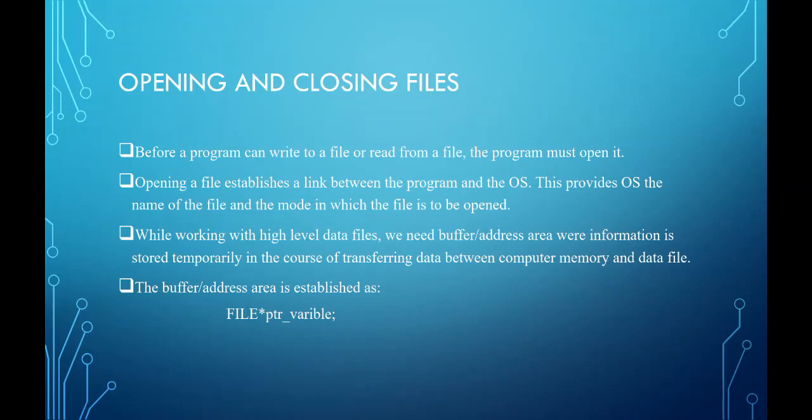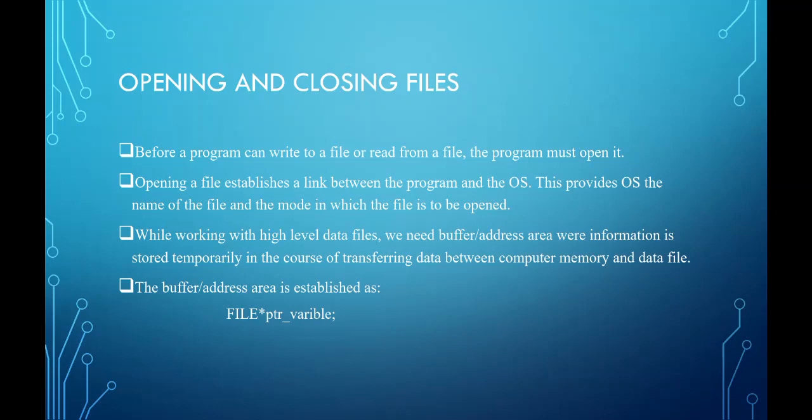If you want to write a program using a file, for reading the file or writing something to the file, you need to open the file, right? For that we need to link the file between the program and the OS, and we should provide the name of the file to the OS to link the file between the program and the files.